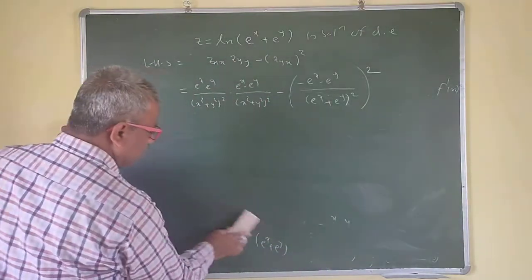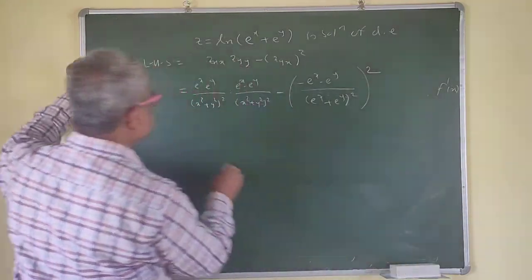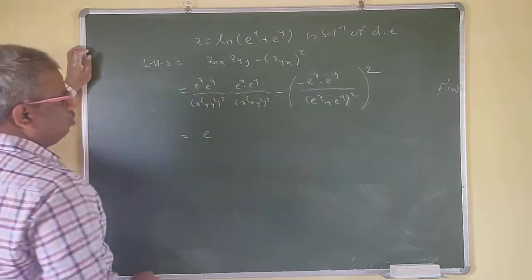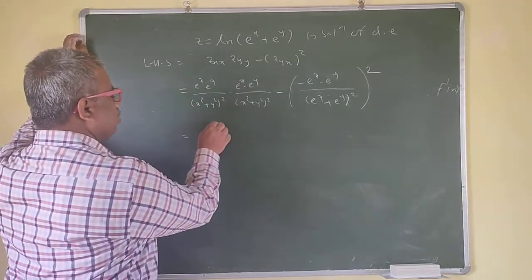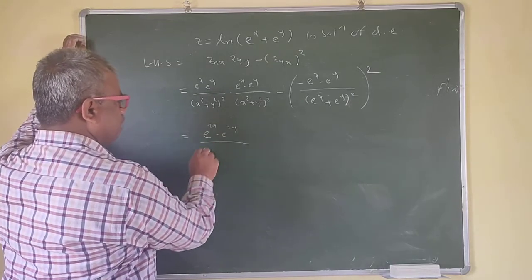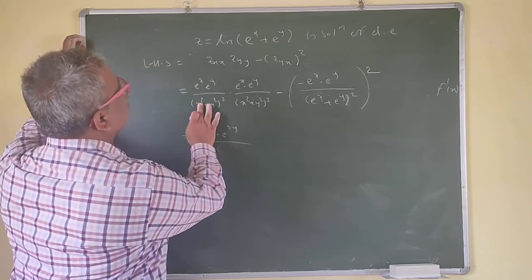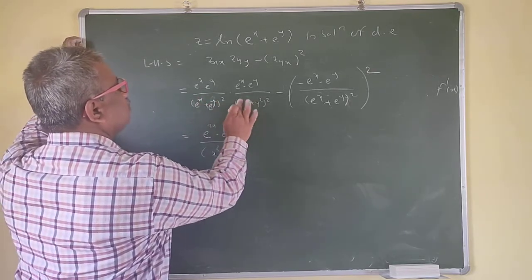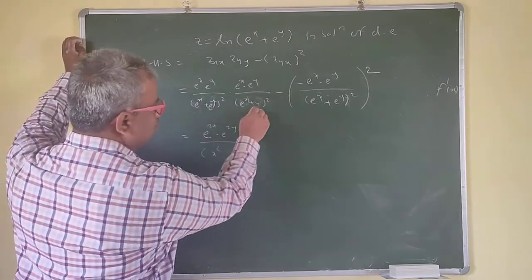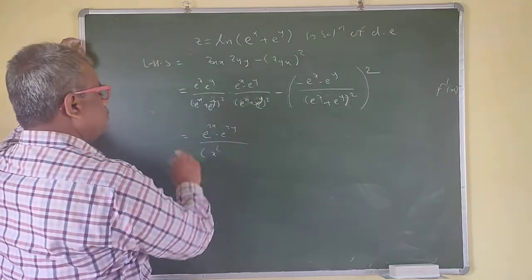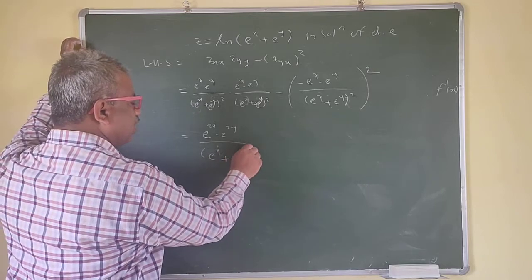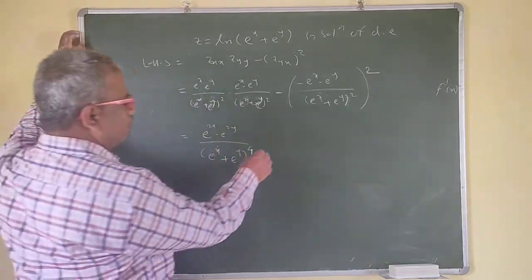Apply the rule of the indices. What do we get? So this is e raised to twice x, e raised to twice y upon (e raised to x plus e raised to y) raised to 4, minus.